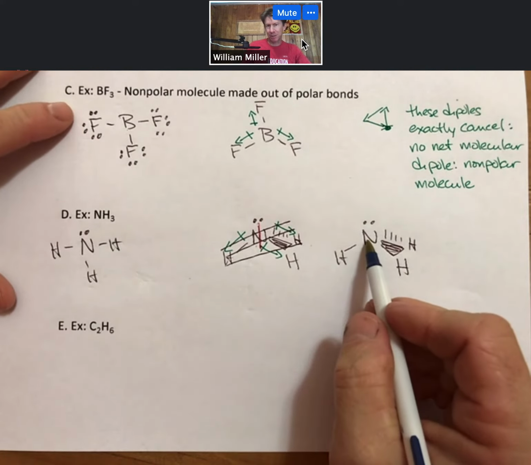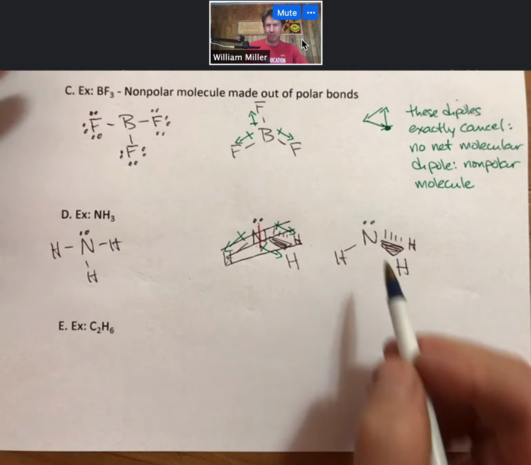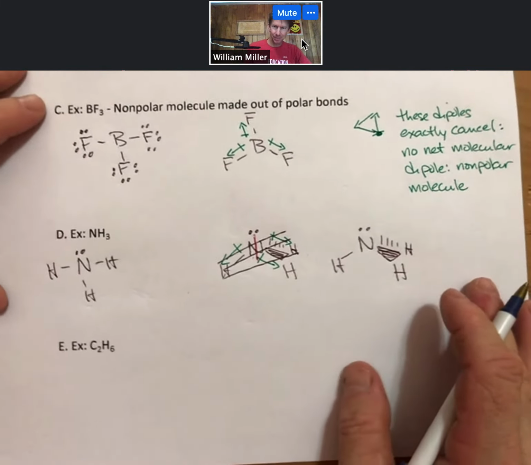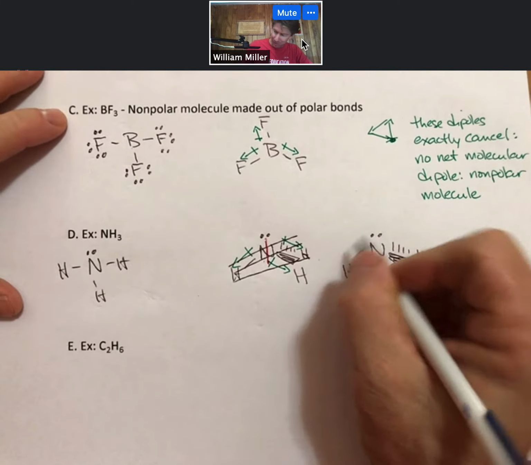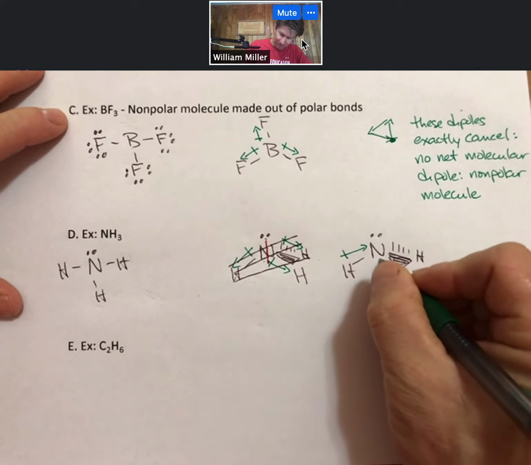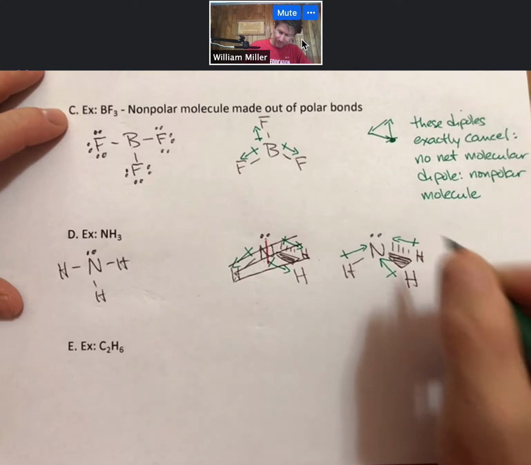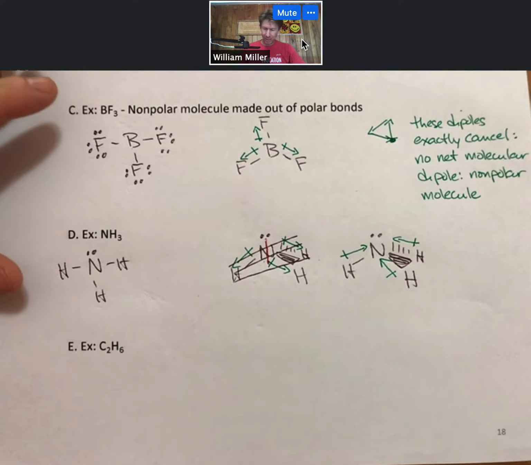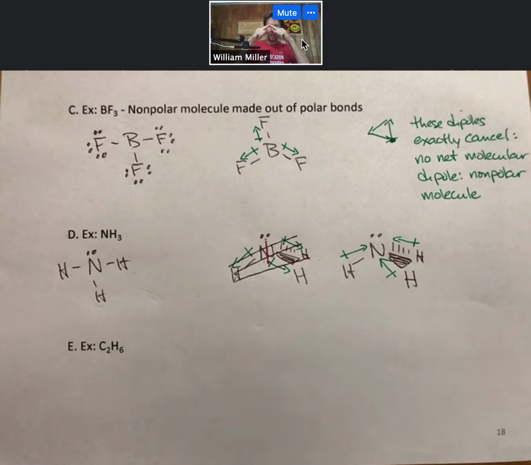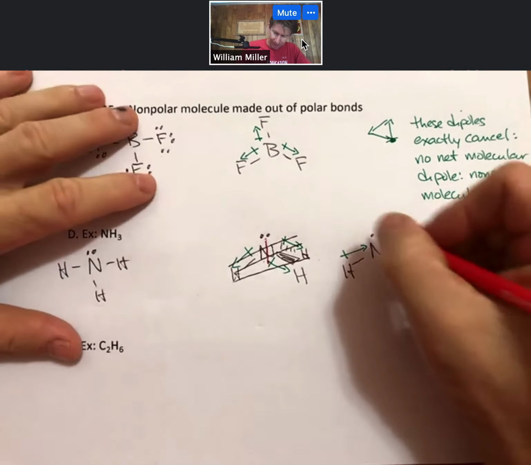So I'm drawing tetrahedral with all 3 of these hydrogens angled down. That is a necessary part of drawing tetrahedral. And then my dipoles face towards nitrogen because nitrogen is the more electronegative. And now my net molecular dipole, all 3 of these come towards the nitrogen. The sort of left and right or XY plane parts cancel out, and you're left with a dipole that's straight up.